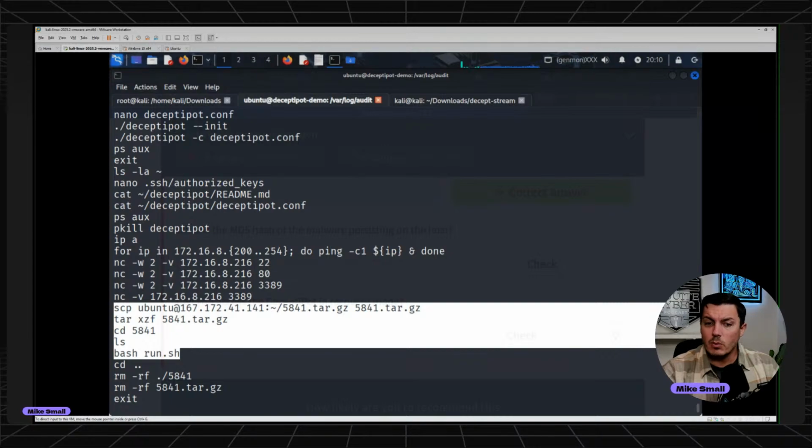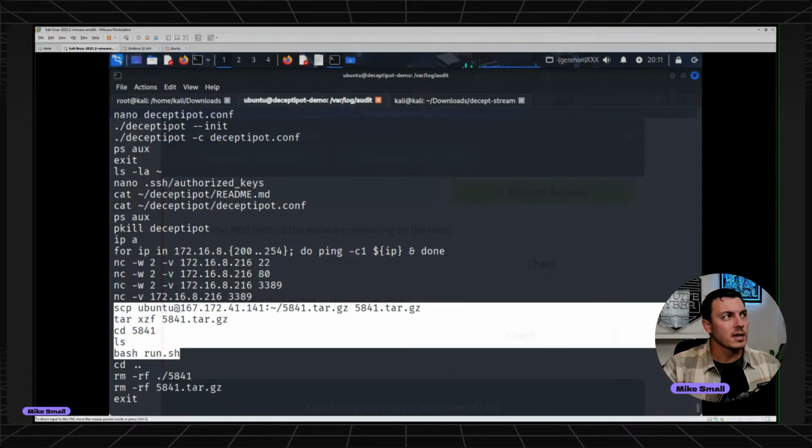A lot of times they won't change, or a lot of times they do. A lot of times they use similar infrastructure for every host that's compromised. So these are definitely really good IOCs for you to check, and you should be checking whether or not it is the case, because it's quick. Five seconds. Is it in here? If it is, we're good, and we can run that down. We at least know one bad guy. If it isn't, we gotta keep digging and try to figure something out.